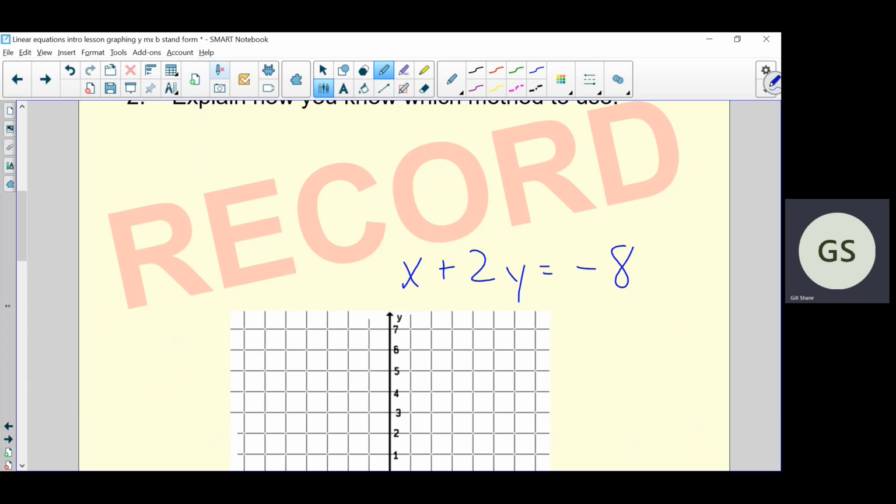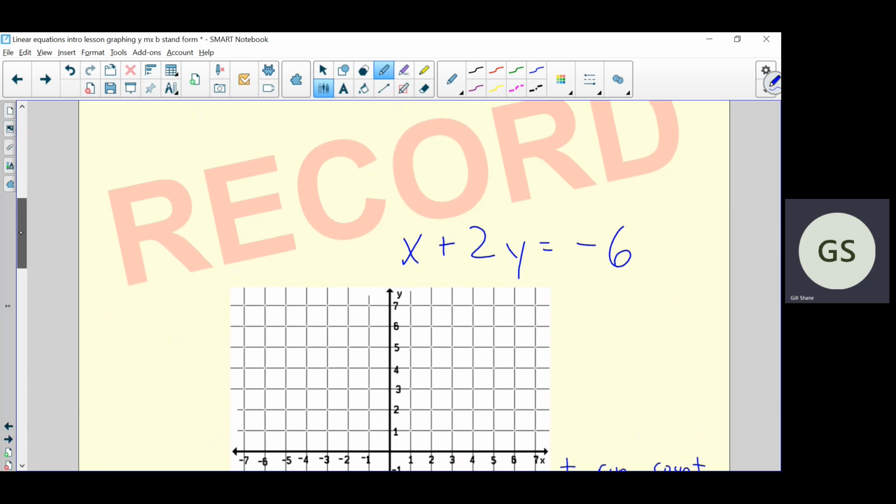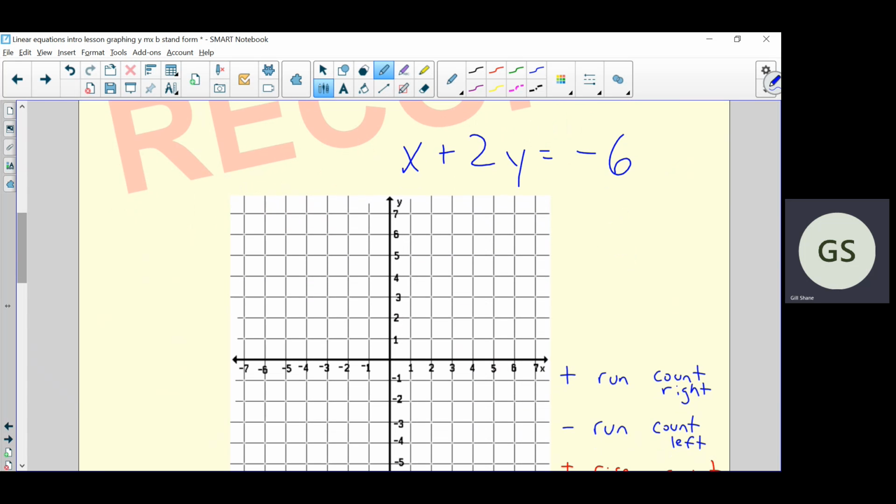All right, so there's an equation. X plus 2y equals -6. Y is not all by itself, so that's how I know I need to use standard form, not slope-intercept form.